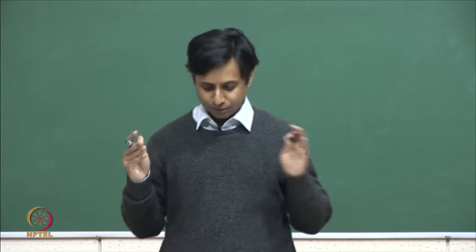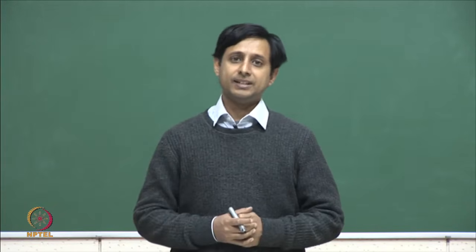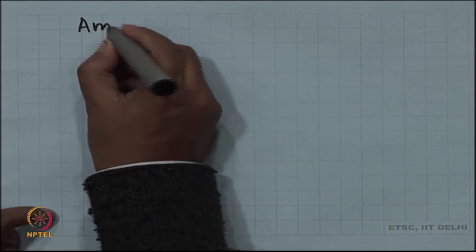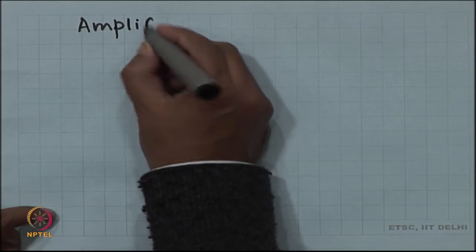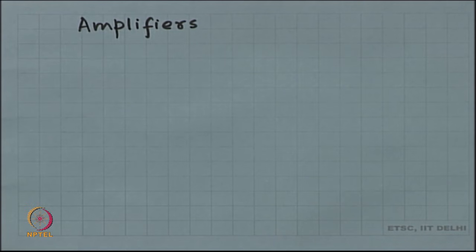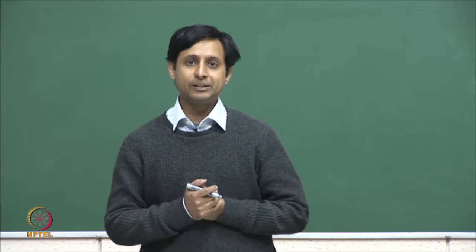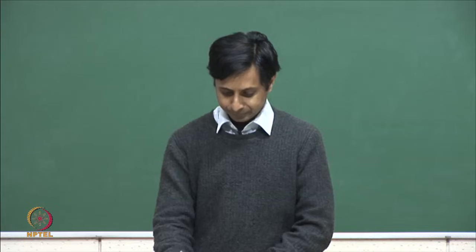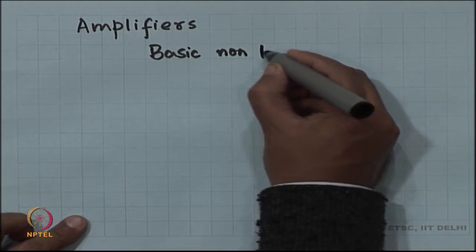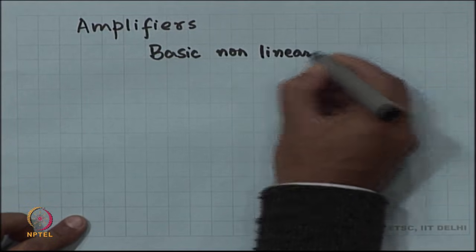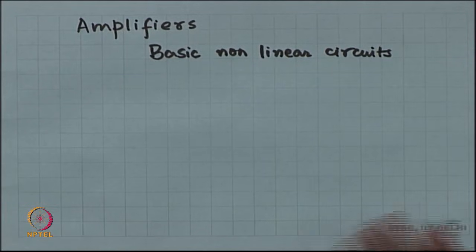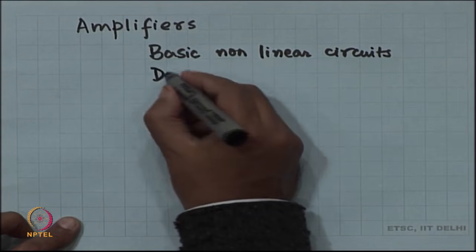So, the primary content of the course is to learn about amplifiers, and as part of this endeavor we are going to start with basic nonlinear circuits, including circuits that involve the use of diodes.